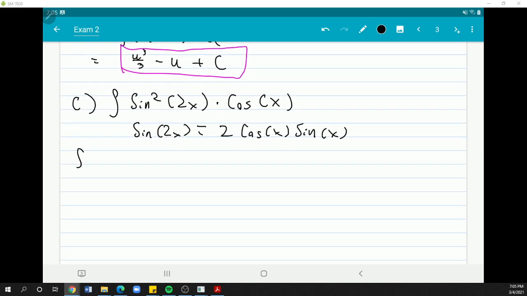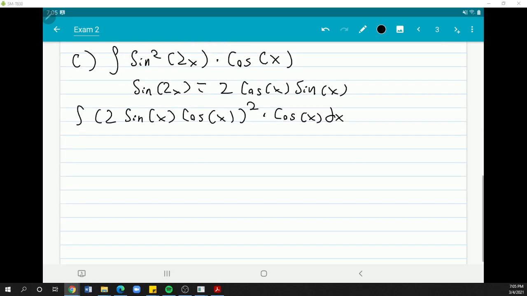So then this integral becomes, use this formula to bring the powers down, sine of x cosine of x squared times cosine of x dx. And now all of a sudden, I get 2 squared is 4. Integral, I'm left with sine squared of x cosine cubed of x dx.